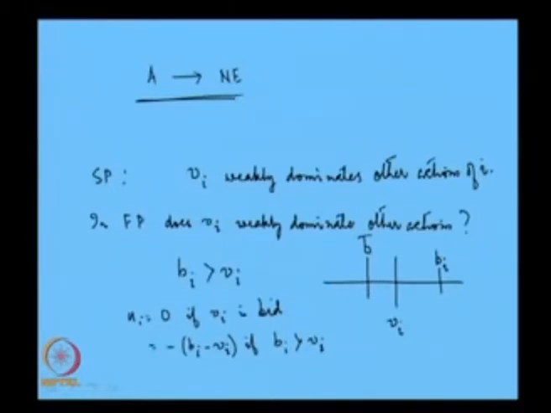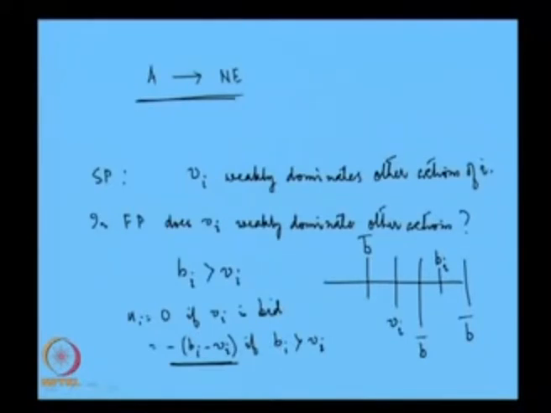If B bar lies here, then by bidding Bi you are getting the object, but your payoff is negative, whereas by bidding Vi you are not getting the object. So, your payoff is 0. If B bar is here, greater than Bi, then both the bids, Vi and Bi, give you 0 payoff because you are not getting the object.